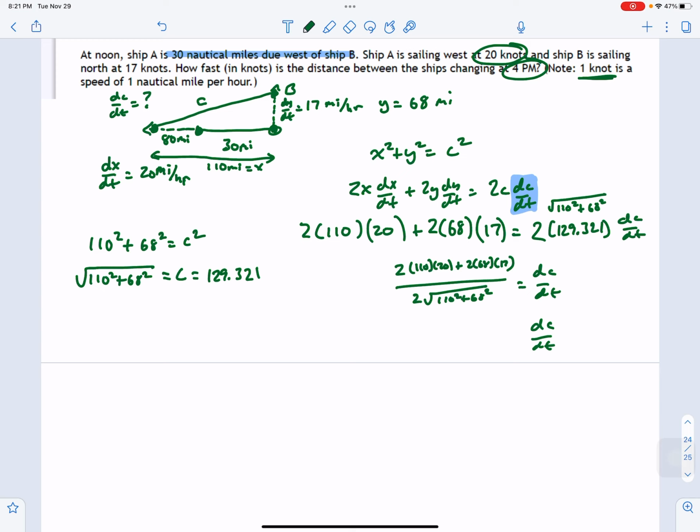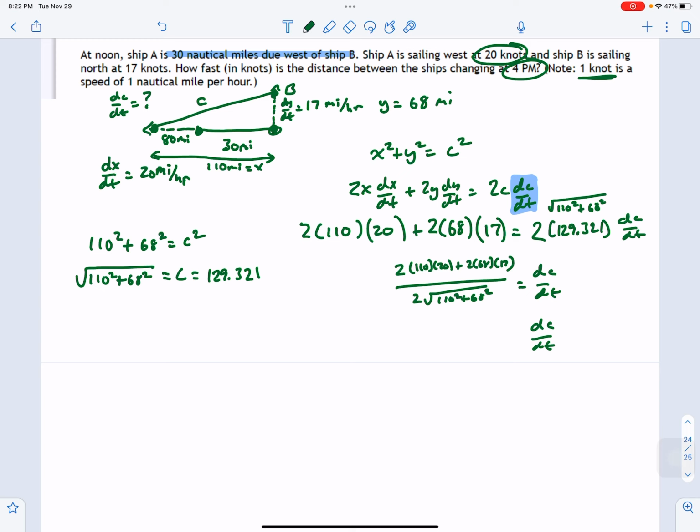If we have a fraction, on top it's going to be 2 times 110 times 20 plus 2 times 68 times 17.